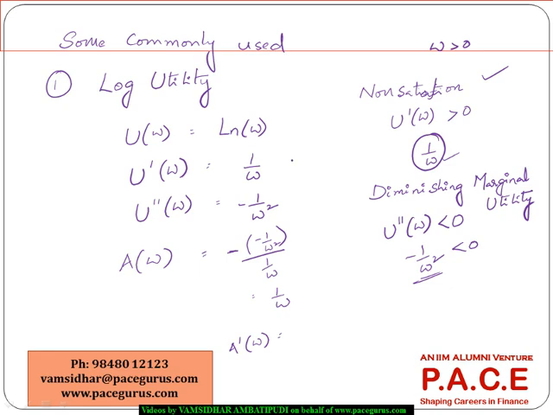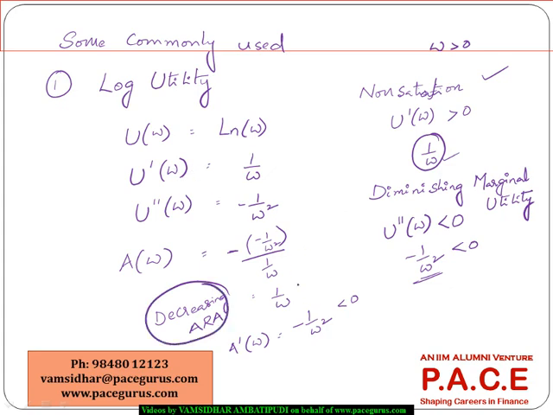This comes out as minus 1 by w squared, which is less than 0. So an investor with a log utility function will exhibit decreasing absolute risk aversion.